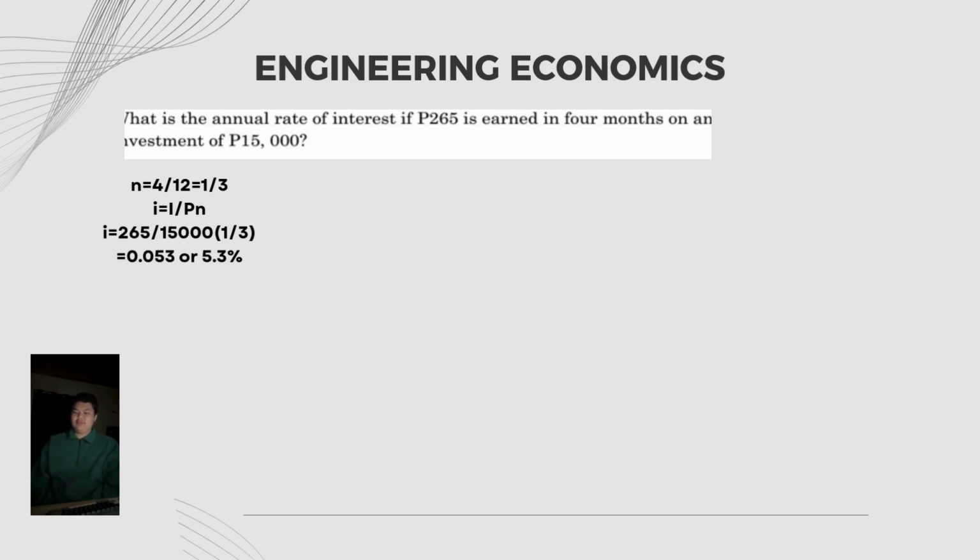And then the formula we will be using is interest rate equals interest over principal times interest period. So we have 265 pesos over 15,000 times 1/3. So we have 0.053 or 5.3% annual interest rate.